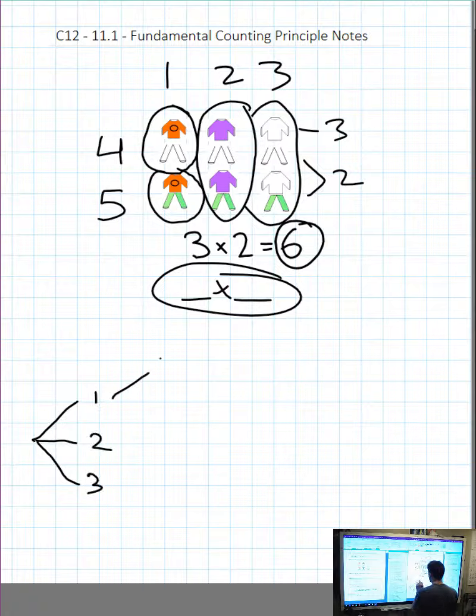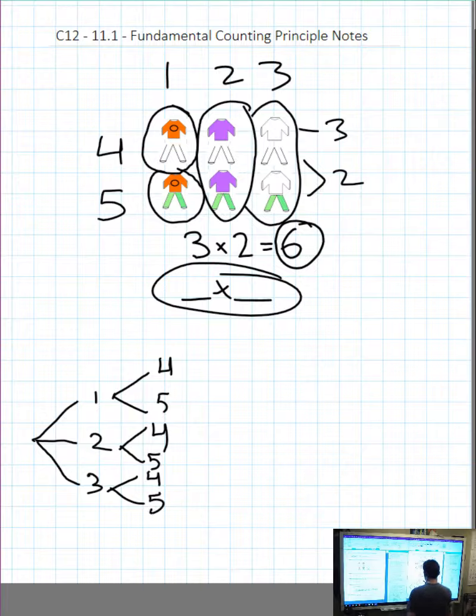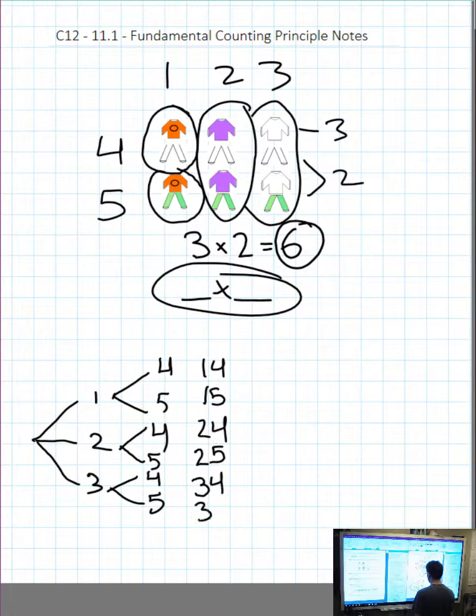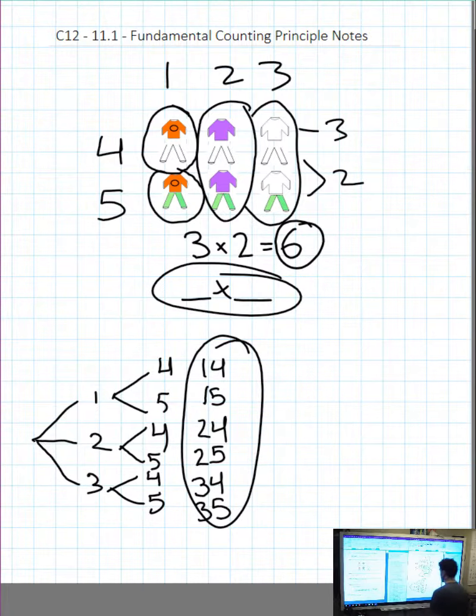And then I could choose one of the pairs of pants or the other. And that's a combination of 1, 4, and then 1, 5, and then 2, 4, and then 2, 5, and then 3, 4, and then 3, 5, for a total number of 1, 2, 3, 4, 5, 6 again.